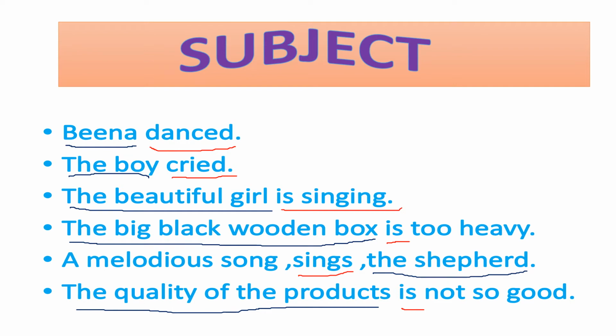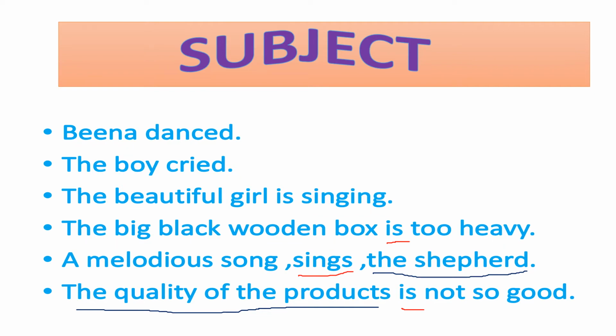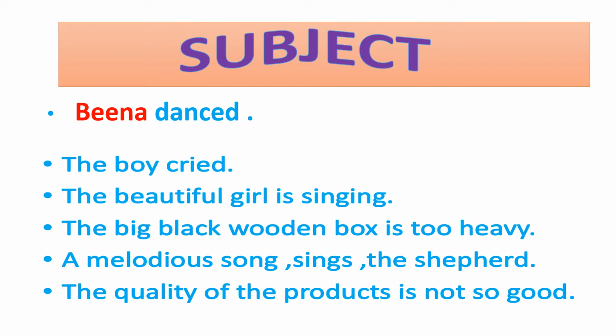So the words that we underlined with blue color are called the subject of each sentence. This is the way to find out the subject. I hope you understood. Anyway, let's check the subjects of the sentences once more. The subject of the first sentence, Beena danced, is Beena.